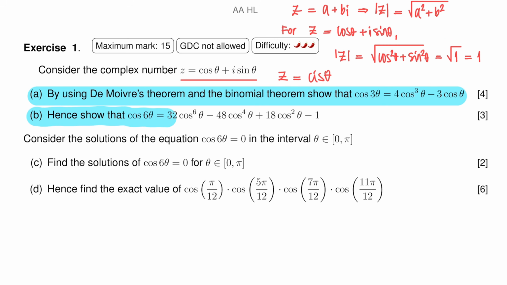Now, on question B, we got to show that cos of 6 theta is 32 cos to the 6th minus 48 cos to the 4th plus 18 cos squared minus 1, which is not a friendly expression. To do that, we're going to start with the double angle identity.